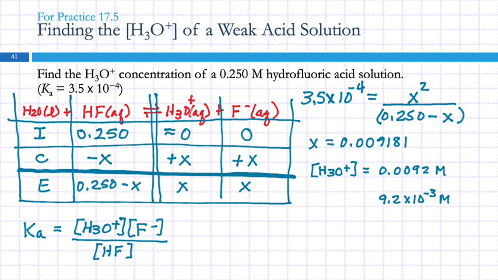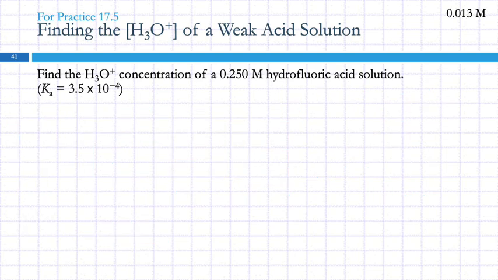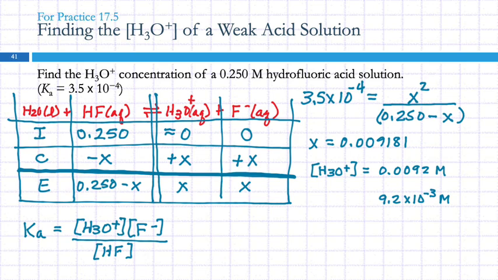Yeah? I got the same thing you did on the slide. It's 0.013. Say that again? I got the same thing that you did on the slide. It says 0.013. Okay, let's see if we can figure out what happened.